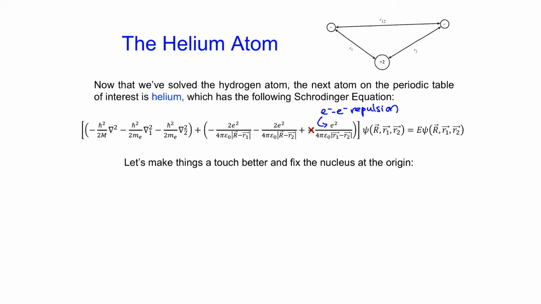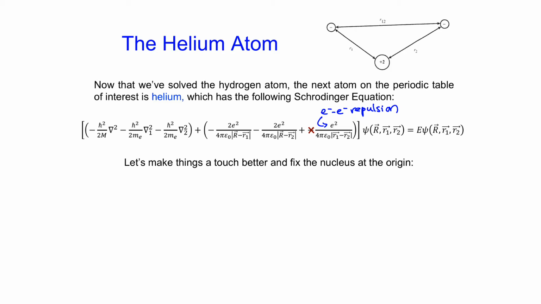I don't know about you, but I really am not super excited to work with this equation as it stands. There's a lot of things going on here. So I'm going to make it a little bit better and make the assumption that because our nucleus is so much heavier, so much larger than the electrons that surround it, that we can fix the nucleus at the origin.